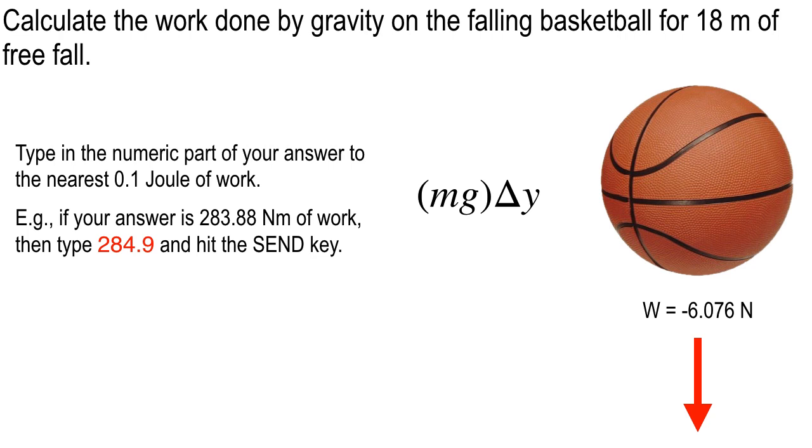We're using the mass of 0.62 kilograms. 2.6, that was a frozen chicken. This one's 0.62. Yep. Don't confuse the basketball with the frozen chicken.